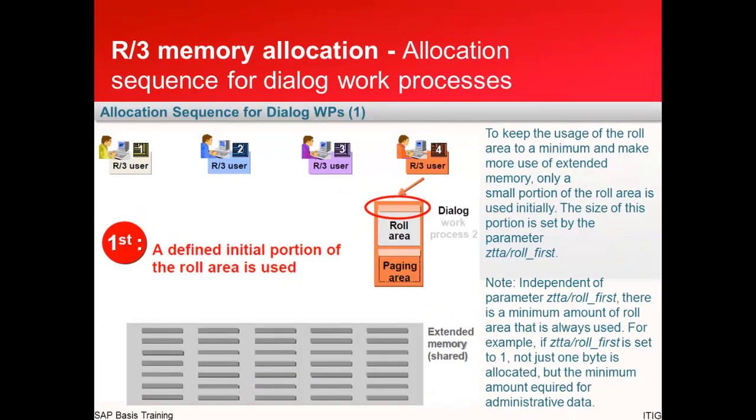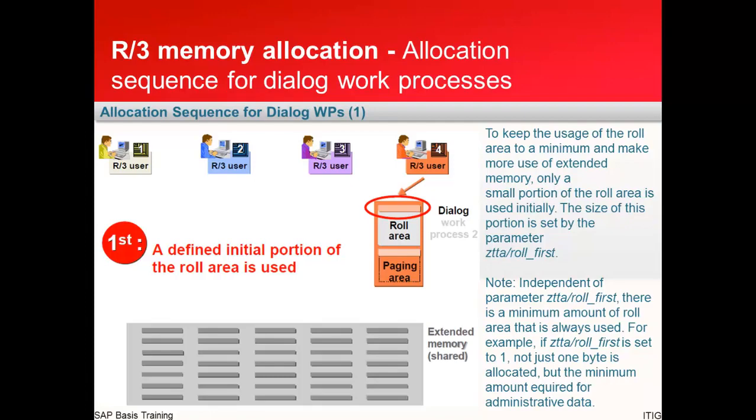Okay, R3 memory allocation. Allocation sequence for dialog work processes. The first thing is a defined initial period of the role area is used. To keep the usage of the role area to a minimum and make more use of extended memory, only a small portion of the role area is used initially.